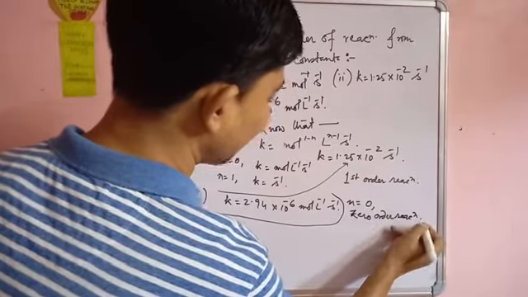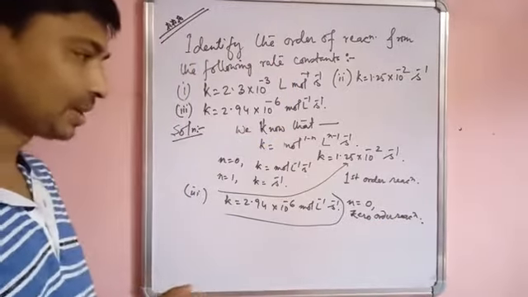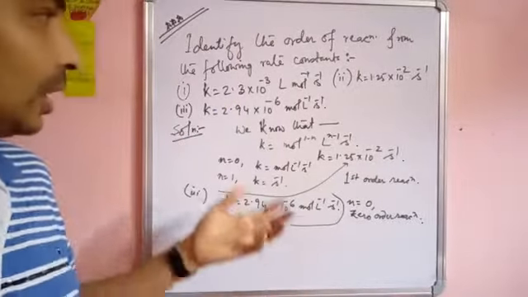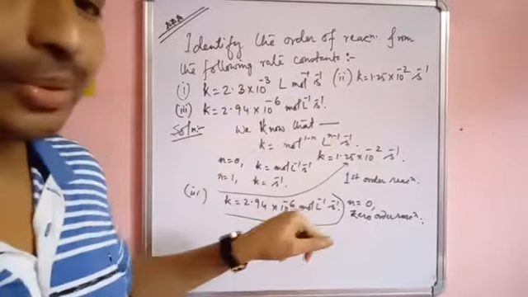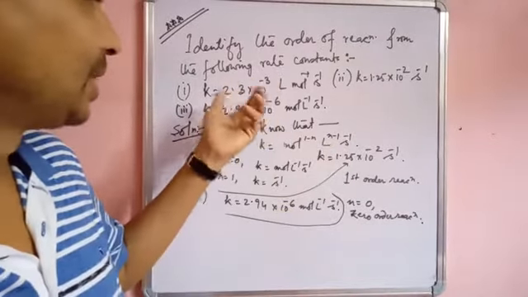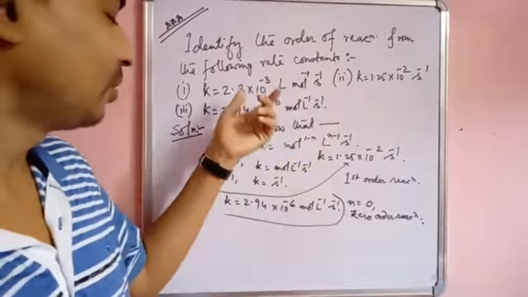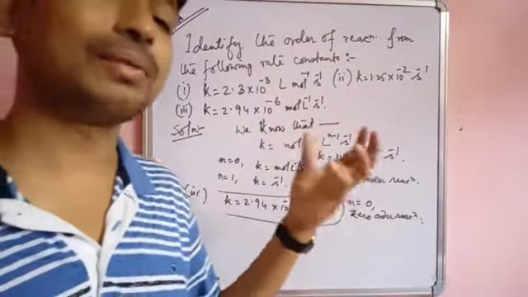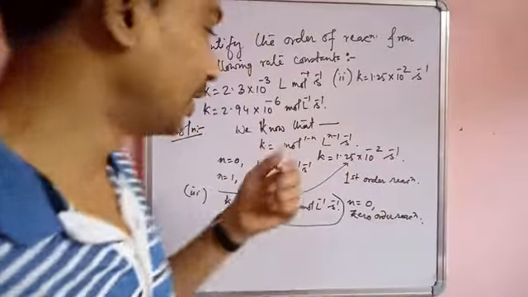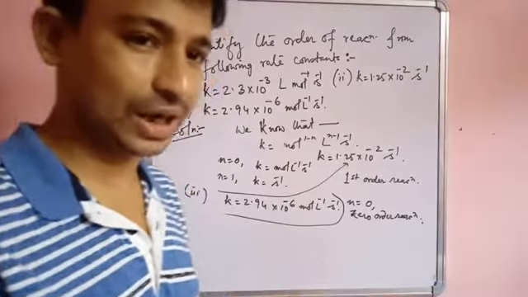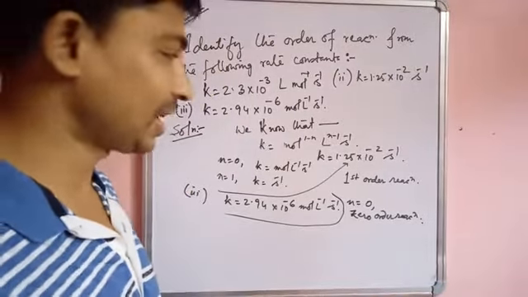So in this way, one more question can come in your final exam, and also in your entrance exam. You will be given some options, and asked to identify the order of reaction from the following rate constant. One value they can give, and in the options you will see zero order reaction, first order reaction, second order reaction, and none of the above. Which one is the correct answer?